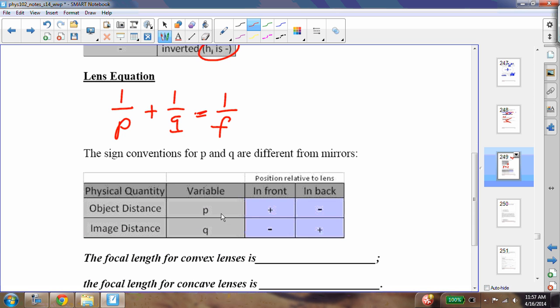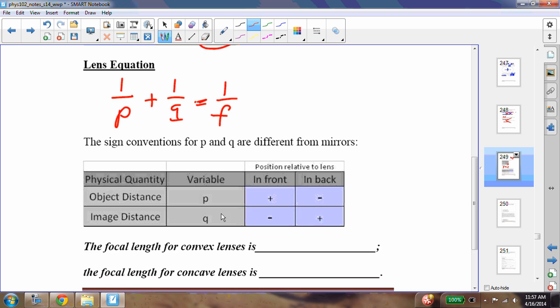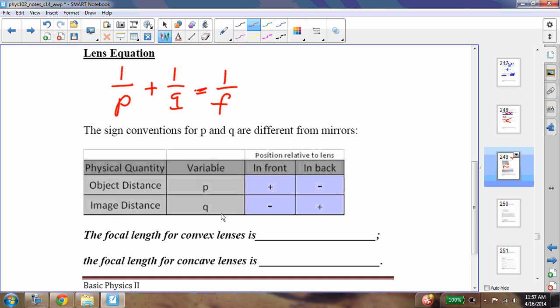However, the sign conventions are a little bit different. For our object distance, if the object is in front of the lens, then the object distance is positive. If it's in back of the lens, it's negative. What I mean by in front of or back of is the direction from which the rays are coming.